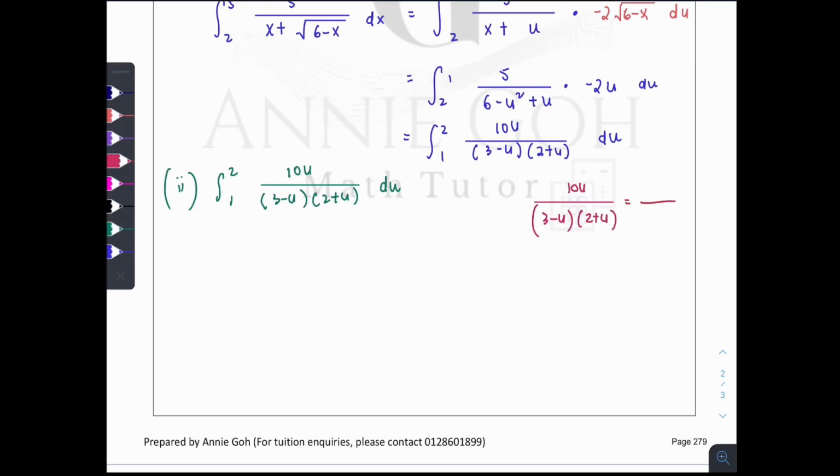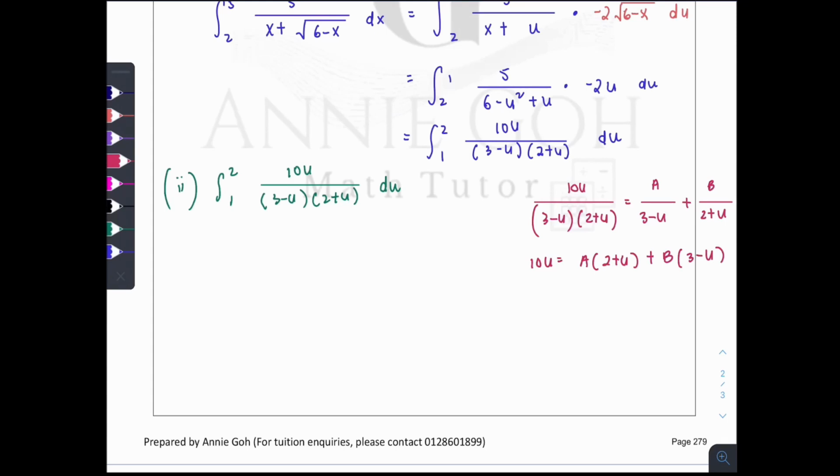You will need to split into two fractions where the bottom parts are 3 minus u and 2 plus u. Since both factors are linear, for the upper part you just need to put constant a and constant b. This is from chapter 1, partial fraction. If you forget how to do partial fraction, you can refer to my previous videos.